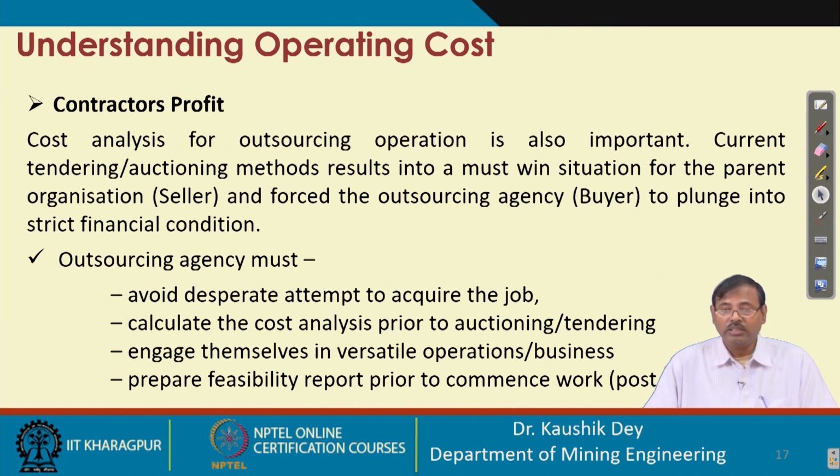That occurs because the buyer is under serious pressure to have the job, because his machine is idle, his manpower is idle, and he needs a next job. He does not have any permanent job to do. So, he needs that job, and as a consequence he opts for that job at a low price, sacrificing his profit also.